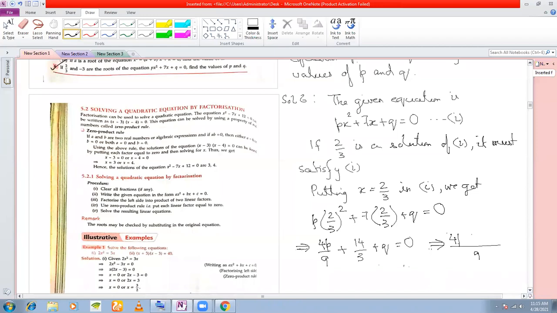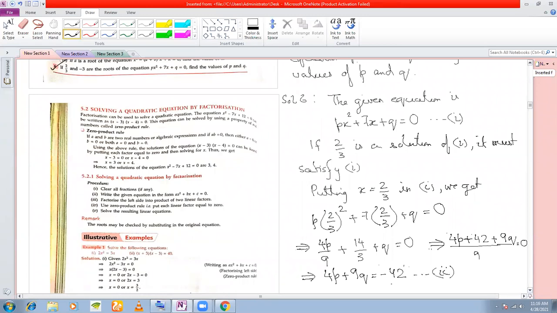So 4p plus 14 into 3 is 42 plus 9q equal to 0. So you get, if you cross multiply, 4p plus 9q is equal to minus 42. This is what you are getting. Call this equation number 2.